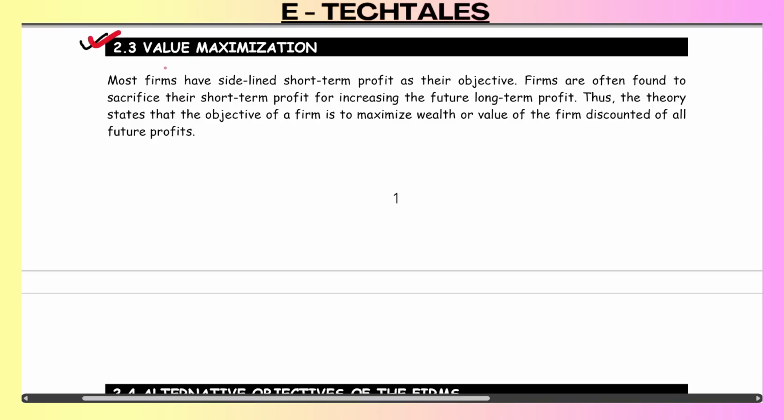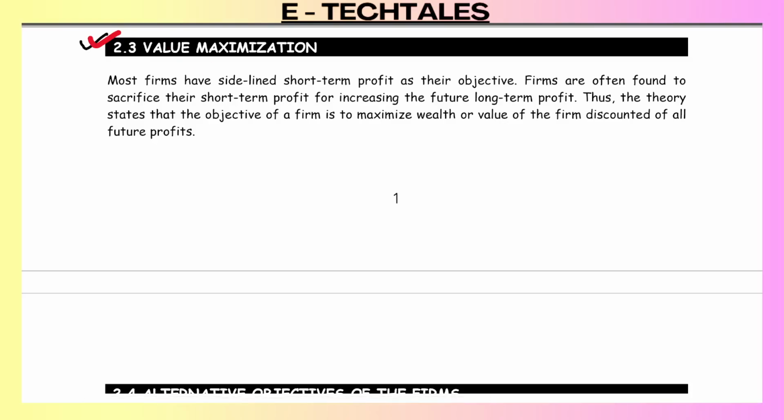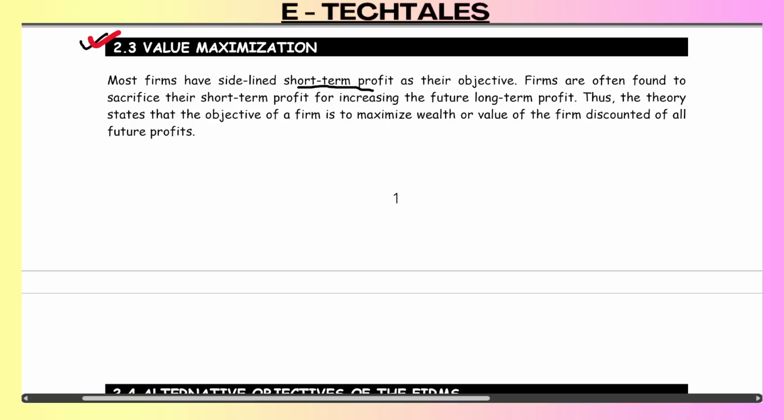So, here we will begin with value maximization. Why value maximization? Since it is one of the major objectives of every firm, they aim to maximize profit, right? That can be a short-term profit or a long-term profit.